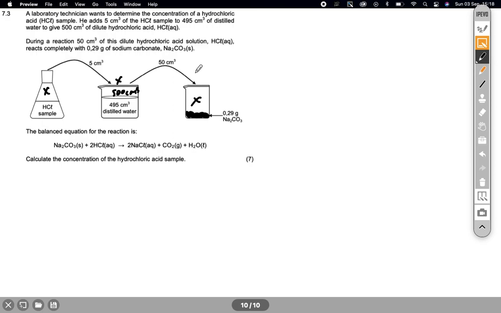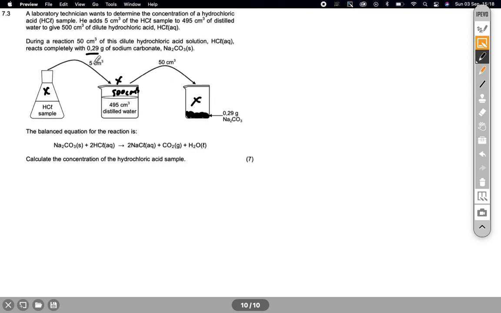Okay, so now let's try to calculate the concentration of the HCl sample. Okay, so we can work with what we are given this far.